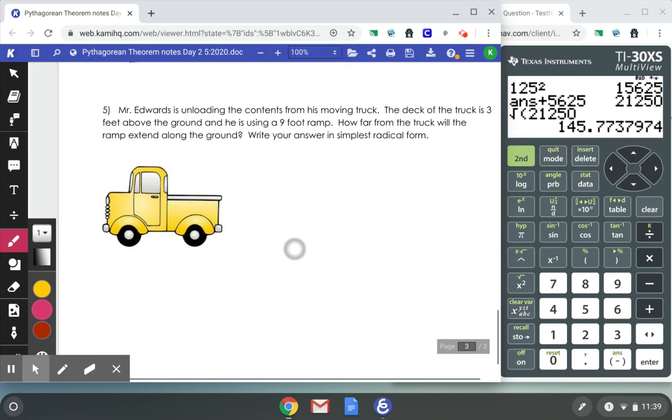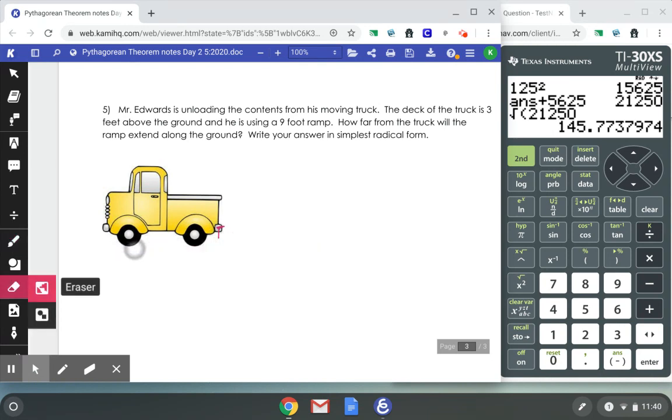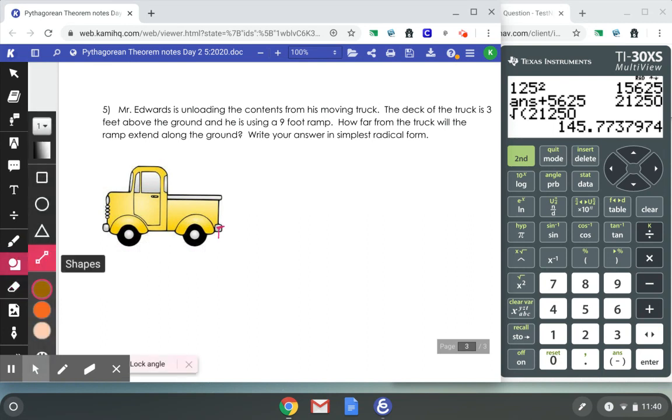Okay, number 5. It says Mr. Edwards is unloading the contents from his moving truck. The deck of the truck, which is here, is 3 feet above the ground. So here's the ground. Oops, that's not a very nice straight line. Let's use this little guy. So there's your ground.